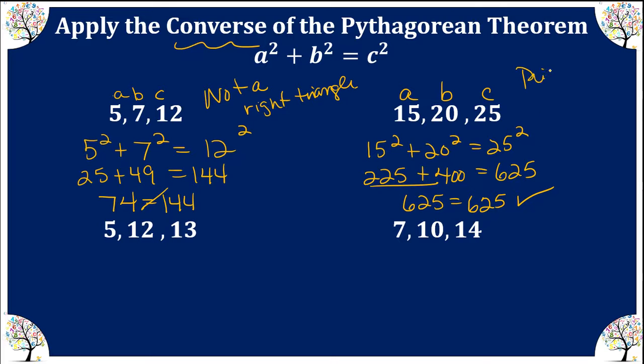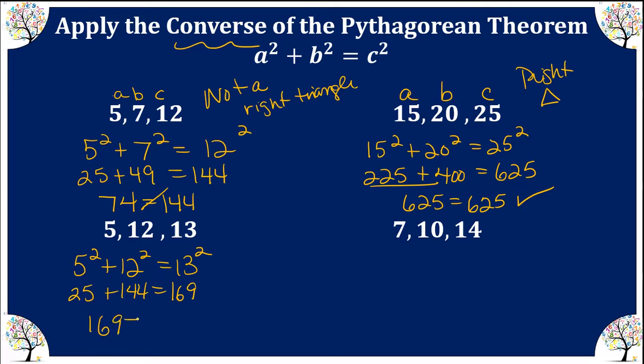So this is a right triangle. Here, 5 and 12 would be the legs if this does create a right triangle. We have 25 plus 144 equals 169. We combine these and we get 169 equals 169. So yes, this is a right triangle.